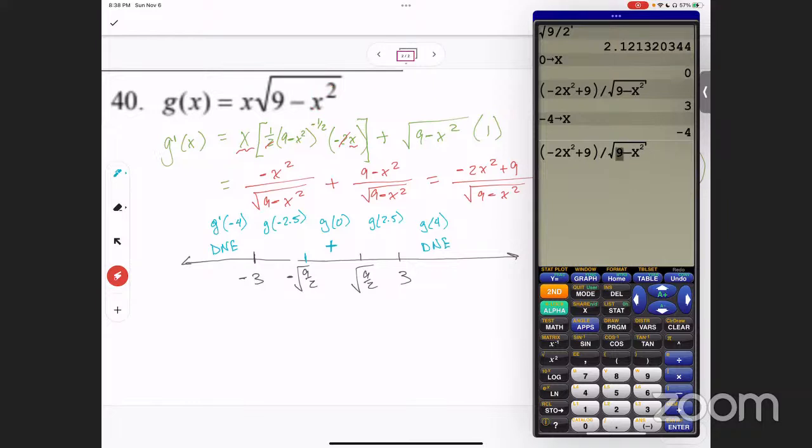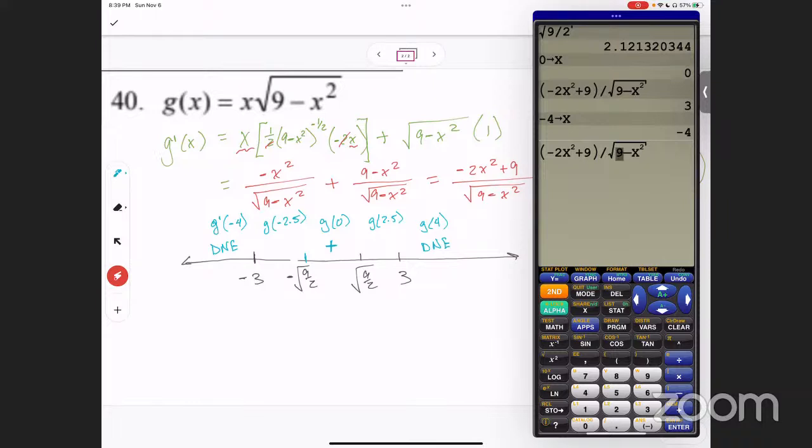I'm sorry, not including them, because you can't divide by 0. So 3 and -3 aren't even a part of this domain either. So for intervals, it would have to be parentheses, -3 and 3, not a bracket. Correct. Okay. Yep. Gotcha.